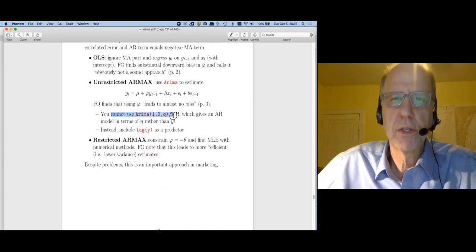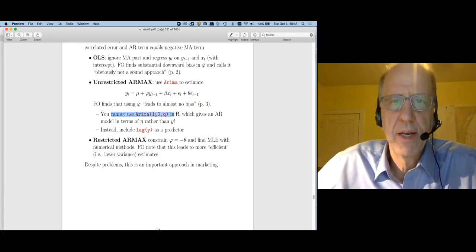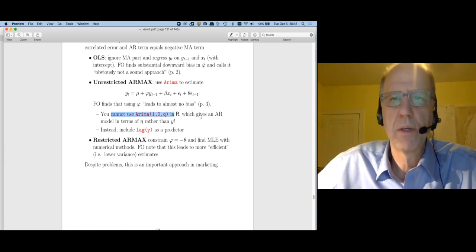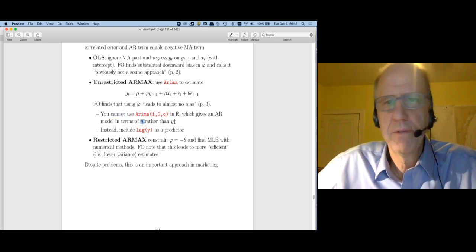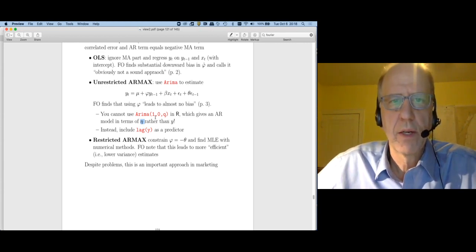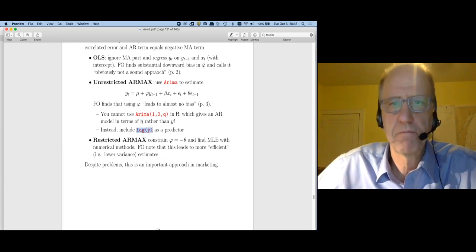It would be really tempting to estimate an ARIMA(1,0,Q) model in R, but that's not right, because this would be autoregressive in terms of eta rather than y. Instead of downloading yet another package, we're going to do it a kind of kludgy way by including the lag of y as a predictor. That's how I'm going to recommend doing it.